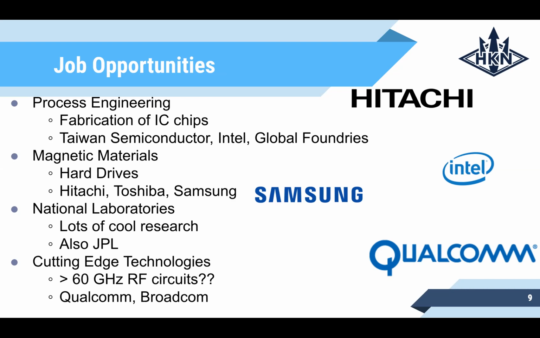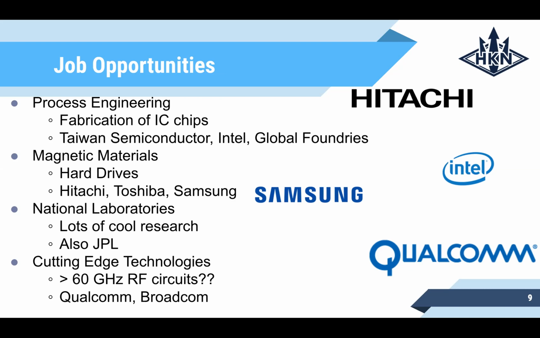In addition, because you have such a strong foundation in physics, you can also find yourself working with magnetic materials. There's been a lot of hype, at least when I was in school, about being able to use magnetic materials and spintronics to make circuits as opposed to making electronic circuits.